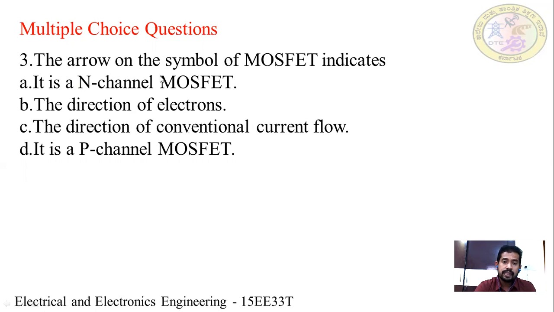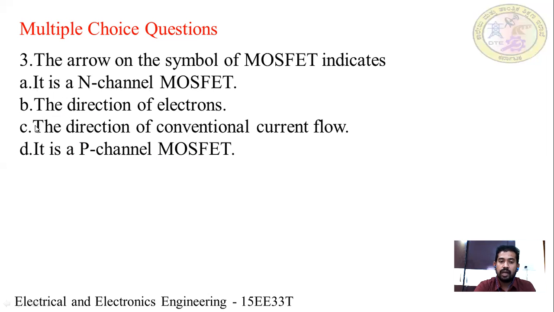The arrow on the symbol of MOSFET indicates, and the options given are: option A, it is an N-channel MOSFET; option B, the direction of electrons; option C, the direction of conventional current flow; option D, it is a P-channel MOSFET.